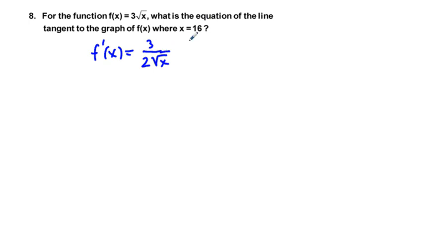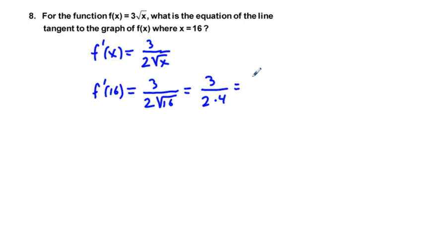Now at 16, f prime of 16 is equal to 3 over 2 times square root of 16, which equals 3 over 2 times 4, which equals 3/8. So that's going to be our slope.